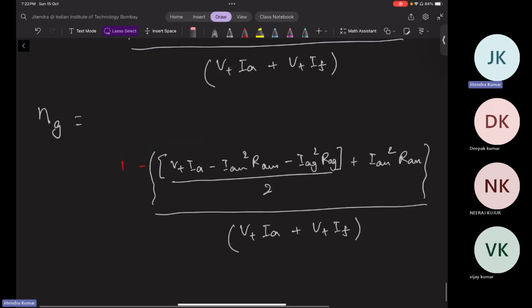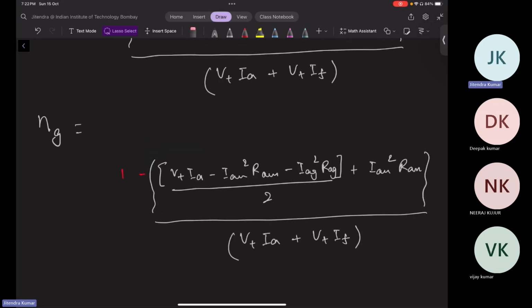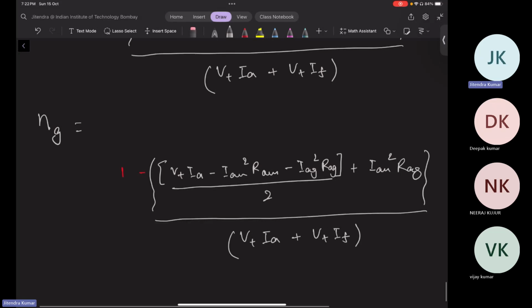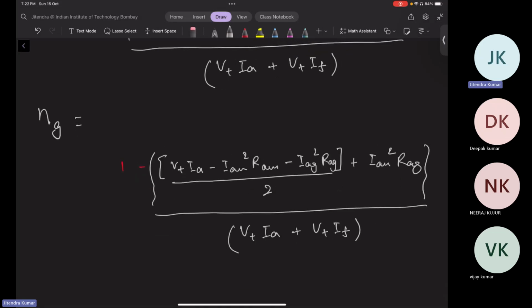Okay, so what I will do, I will just remove this RAM and I will write RAG. But will it fulfill?